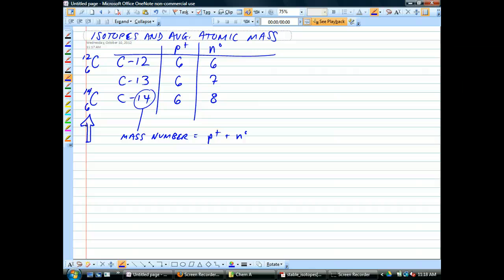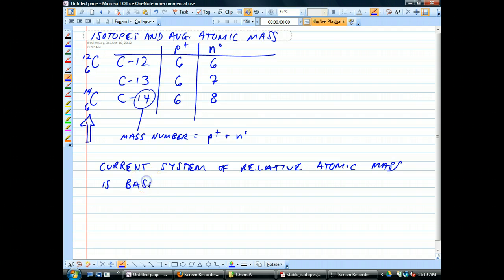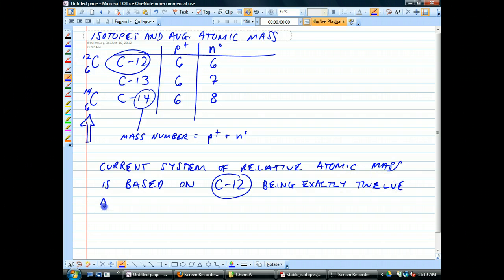Now, our current system of relative atomic mass is based on carbon-12, which is a particular isotope of carbon that's right here, carbon-12, being exactly 12 atomic mass units, AMU.